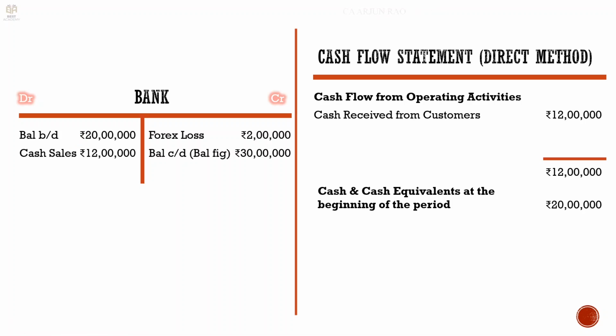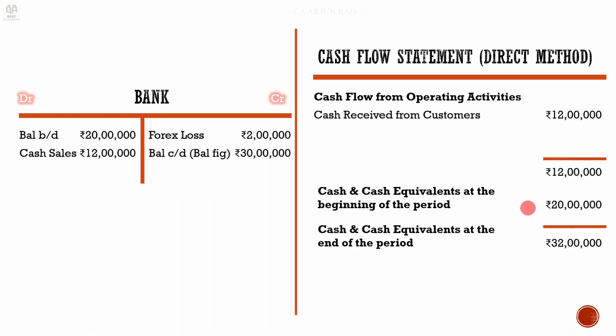Now, when we add these two, we get what? We get cash and cash equivalents at the end of the period. We are supposed to get 32 lakhs, but because this cash is in foreign currency, we have a forex loss. So the actual balance of cash and cash equivalents as per the balance sheet is 30 lakhs.